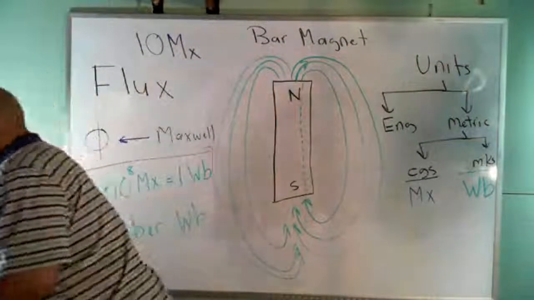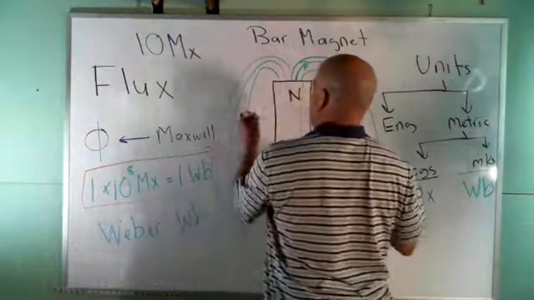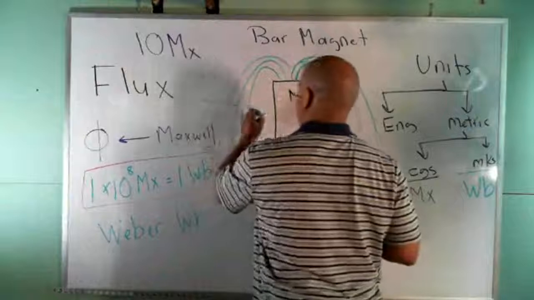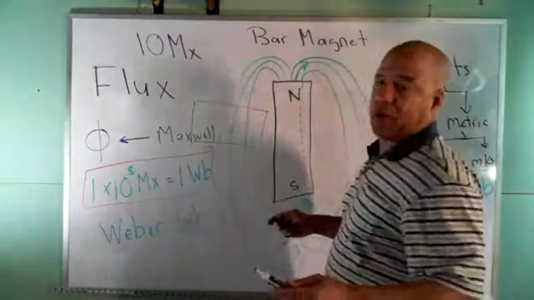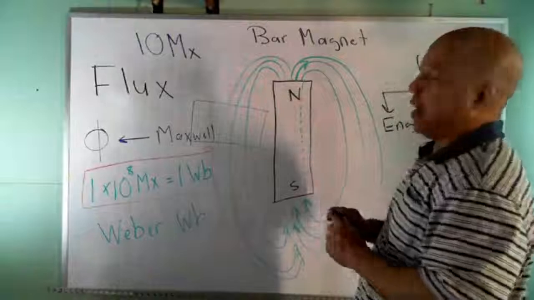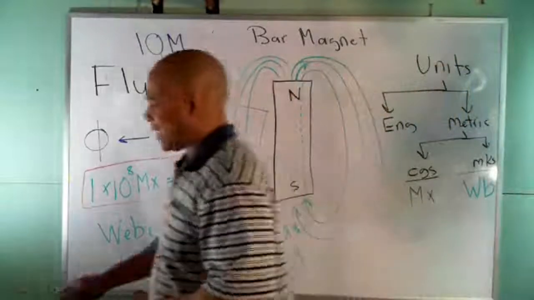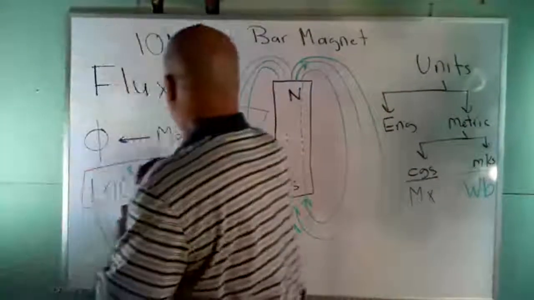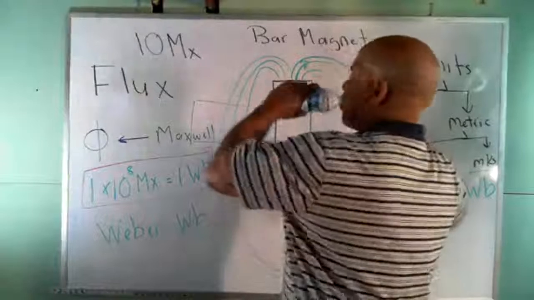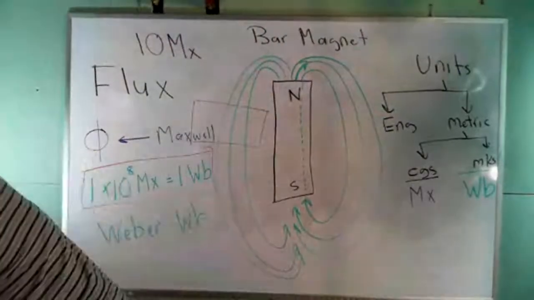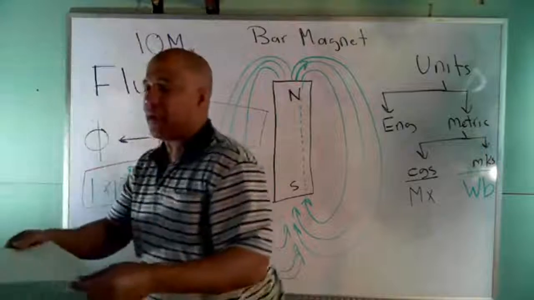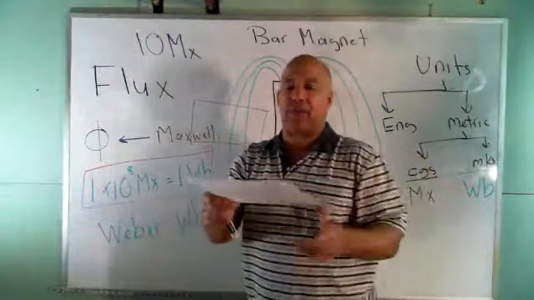So I got this plane surface like this. It doesn't have to be a meter by a meter, but I'll get to that in a second. But let's say I got that plane surface. That surface is an area. It has an area to it.